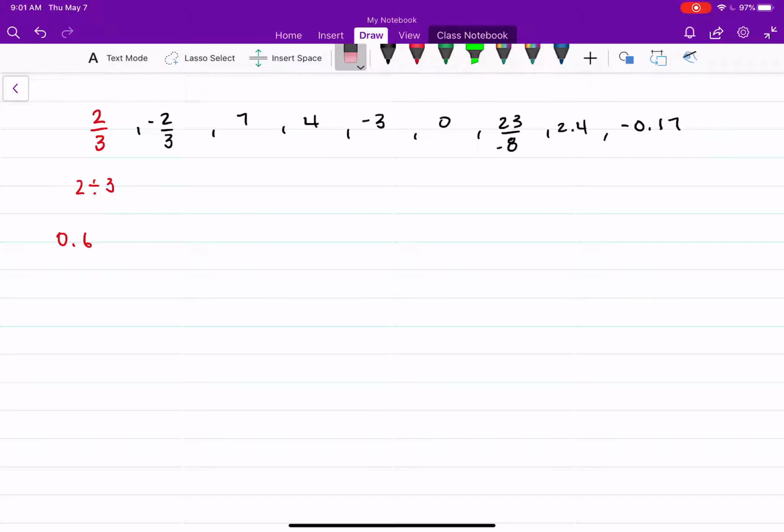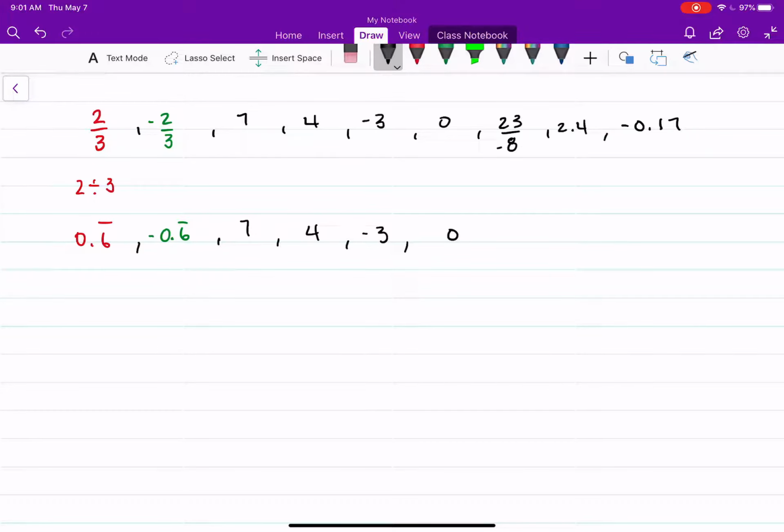Wow, that's awful. Okay, so then that means the negative 2/3 is going to be negative 0.6 repeating. We know that this is going to stay 7 and 4 and negative 3 and 0.